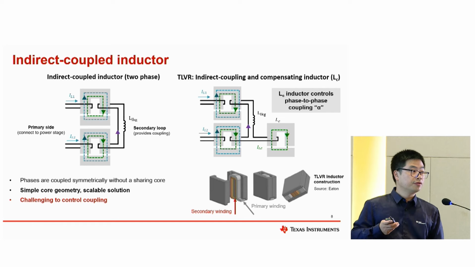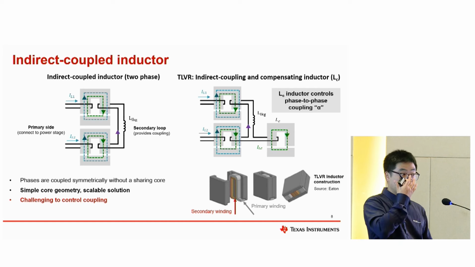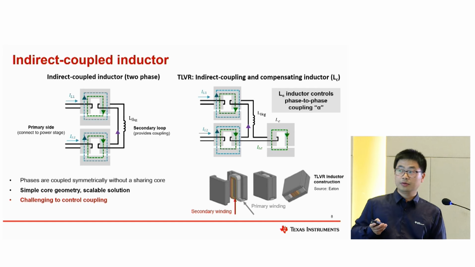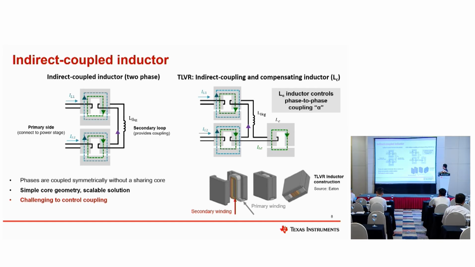If we want to test the efficiency of the multiphase buck, we can just disconnect the LC inductor. Then the TLVR converter becomes a multiphase buck converter.